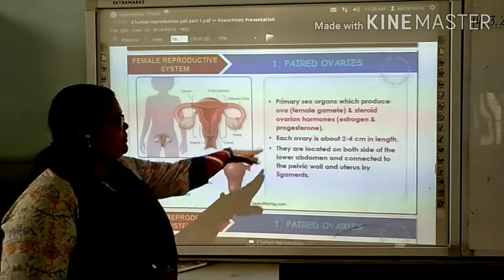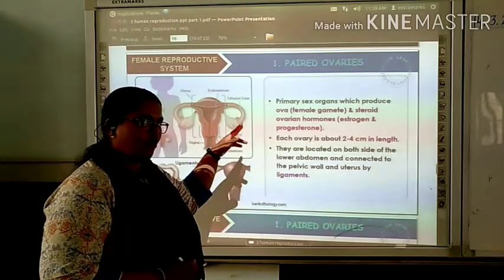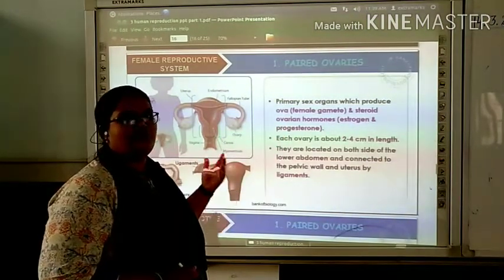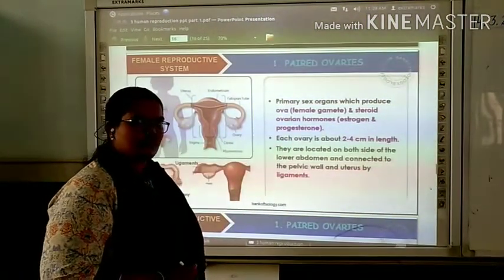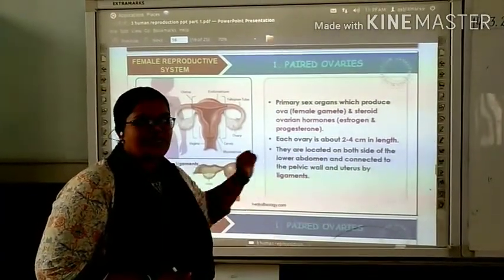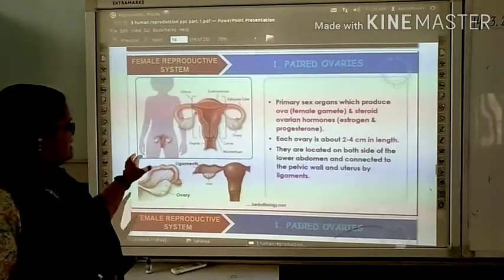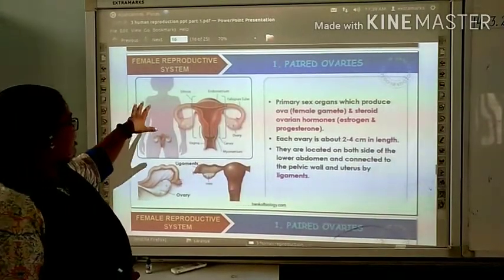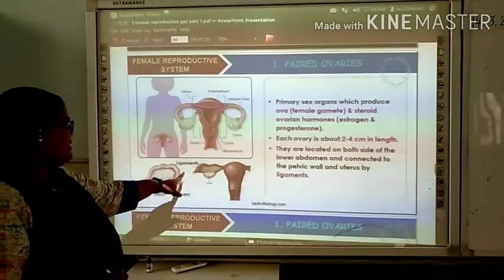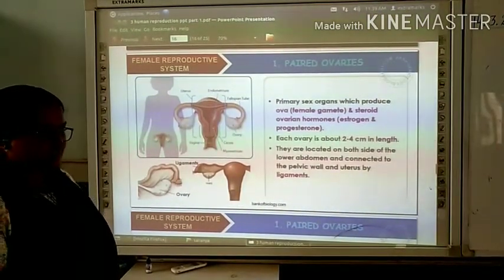So the primary sex organ produces ova, and also these steroid hormones, the female hormones, estrogen and progesterone, right. It is about 2 to 4 cm in length, located in the lower abdominal part, and connected to the pelvic wall and uterus by connective tissue, which is the ligaments.